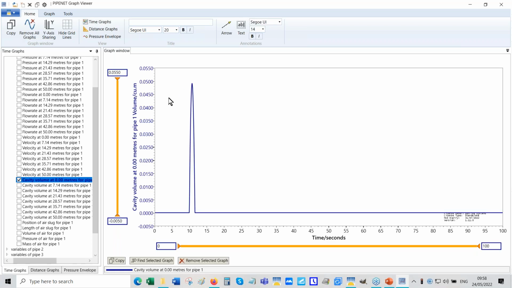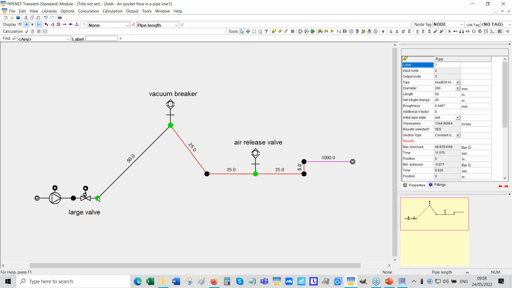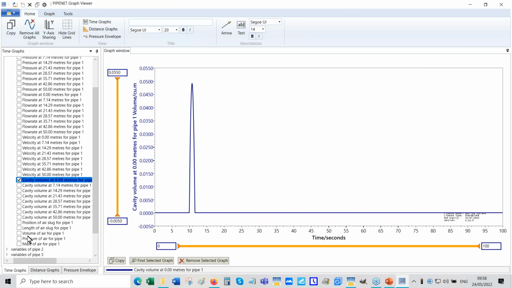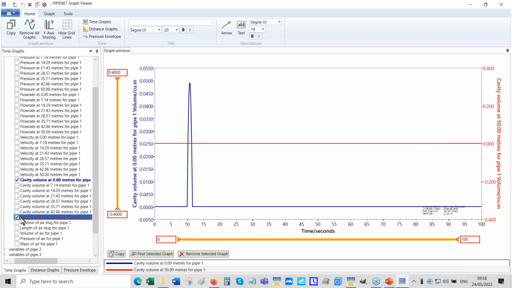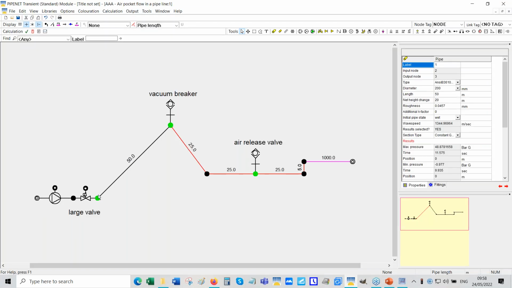Wow, look. So the first thing that happens is exactly what my intuition tells me, that I'm going to get a cavity here. If you look at the other end of the pipe, see, there's no cavity. Why? Because the momentum is drawing the liquid against a dead end here, not there.